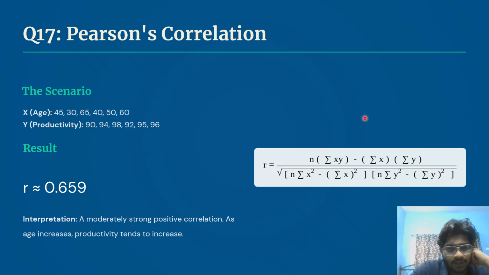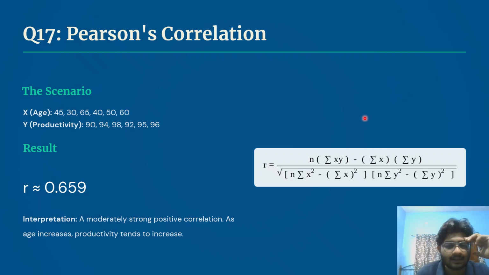Now the interpretation: the correlation value is positive, a strong positive correlation. As age increases, productivity tends to decrease, right? Did I say decrease? I think I said decrease.